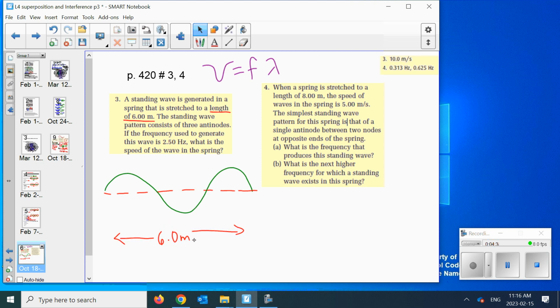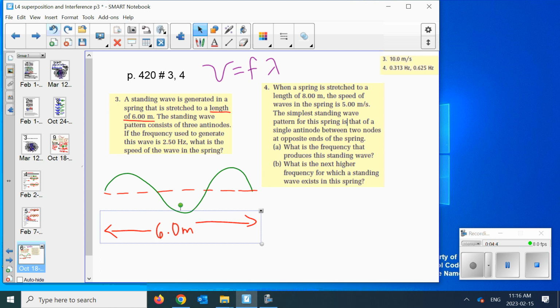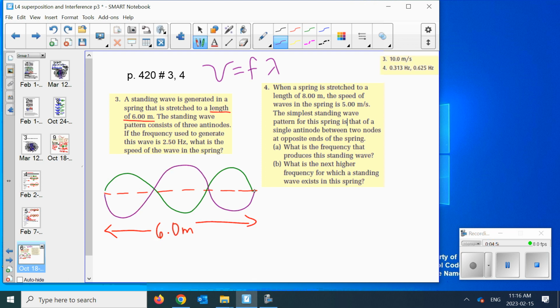I'll make my diagram now. It's a standing wave, so I'm going to just draw it either up that way or this way. My drawing isn't that careful, but you guys know how this works, right?